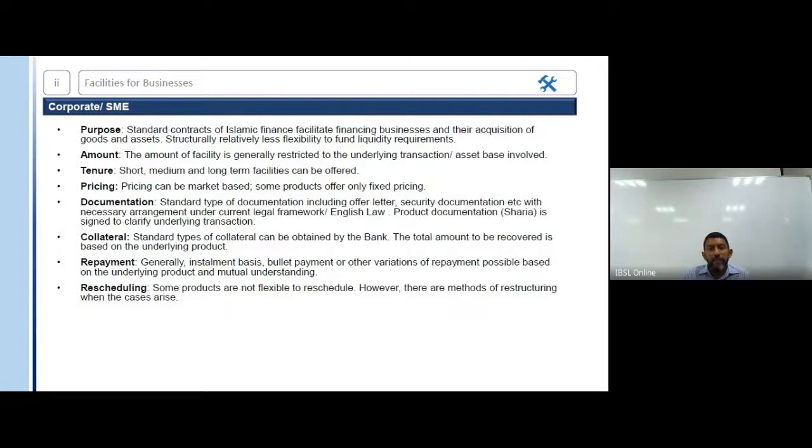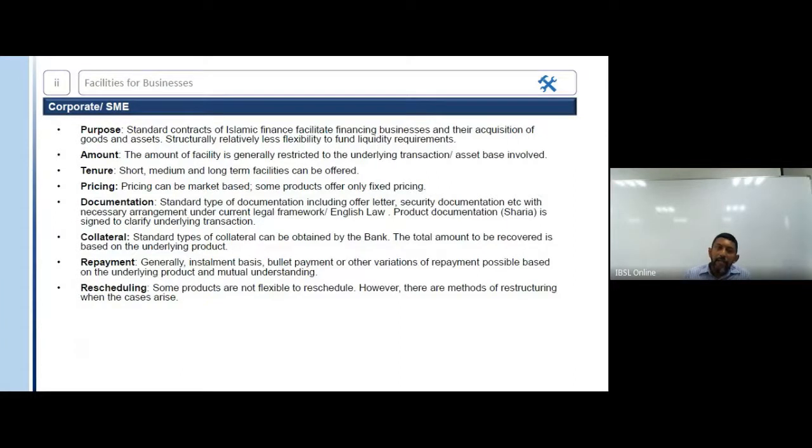We will discuss that as we move on. Whatever you can recover after crystallizing a collateral, meaning selling an asset that was given as security to us, the amounts we can take for ourselves is determined by the underlying product. We'll discuss that as we go.